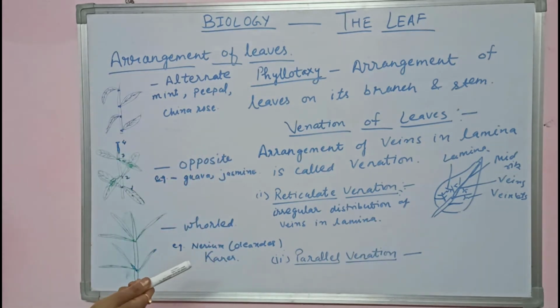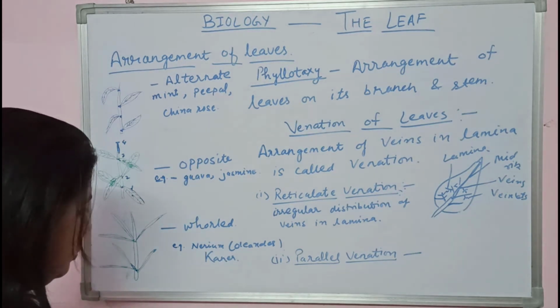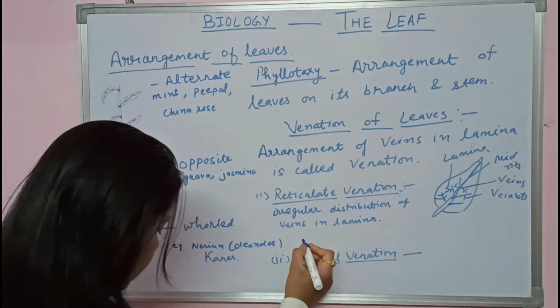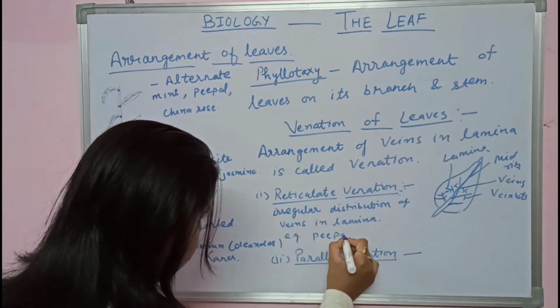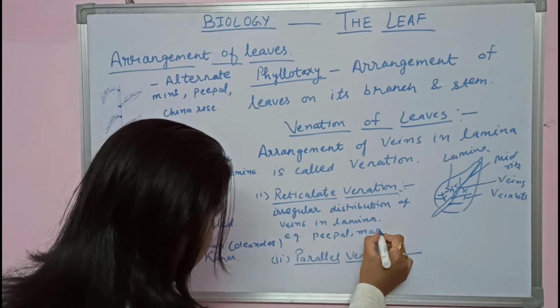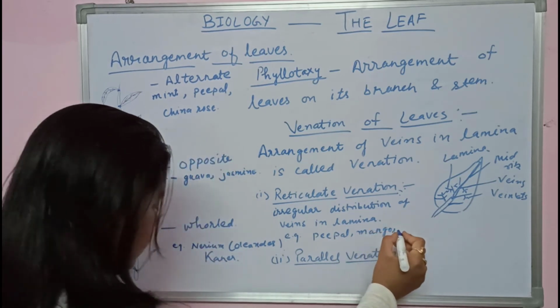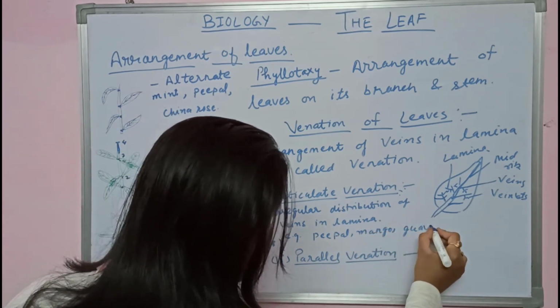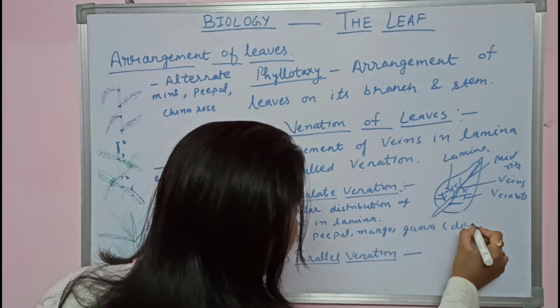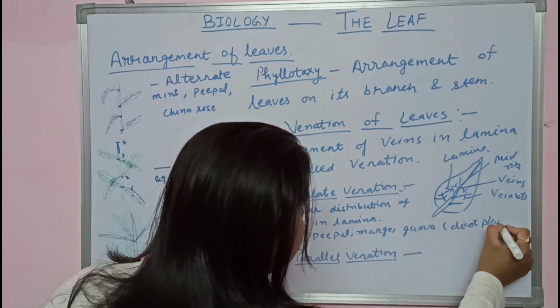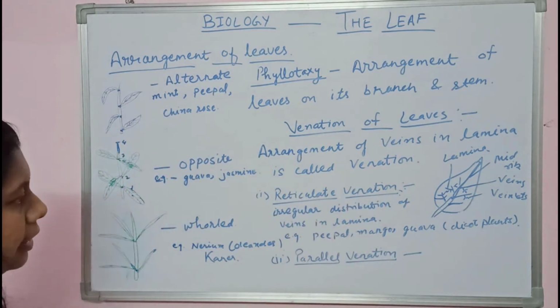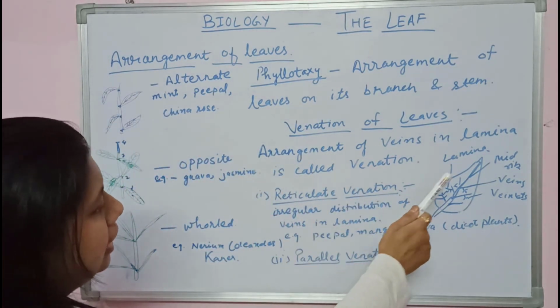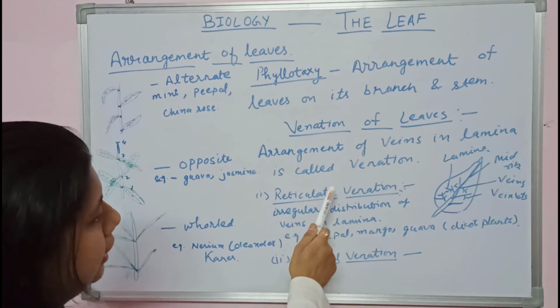This type of arrangement is called reticulate venation, and you will find this type of venation in peepal, mango, guava. Means mostly in dicot plants you will find reticulate venation. The irregular distribution of veins and veinlets in lamina is called reticulate venation.